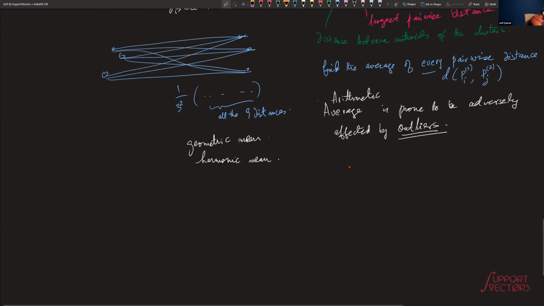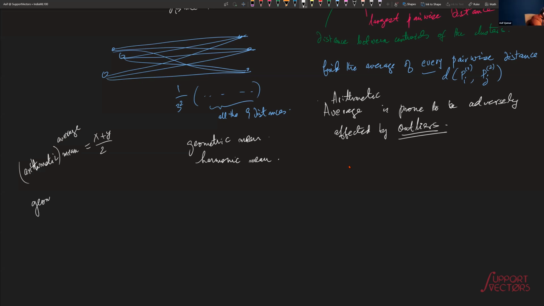So let me just take an example. Suppose you have points X and Y. This is what, the arithmetic mean? Would you agree? Yes. So we just literally call it the mean when people say mean or average. That's what they mean.